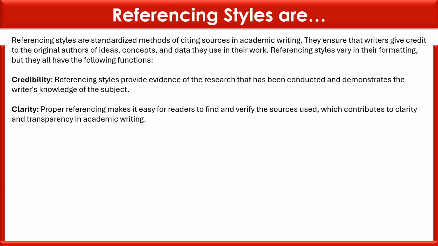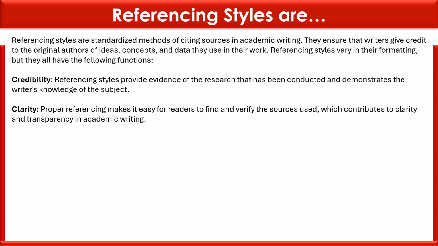Then we have what you call referencing styles. What are referencing styles? Referencing styles are simply standardized methods of citing sources in academic writing. They ensure that writers give credit to the original authors of ideas, concepts, and data they use in their work. Referencing styles may vary in their formatting, but they all have the following functions.